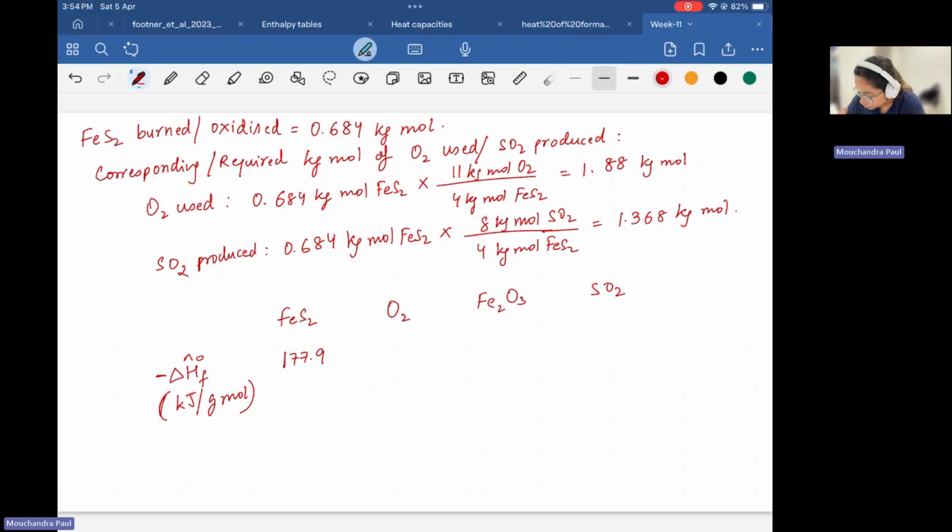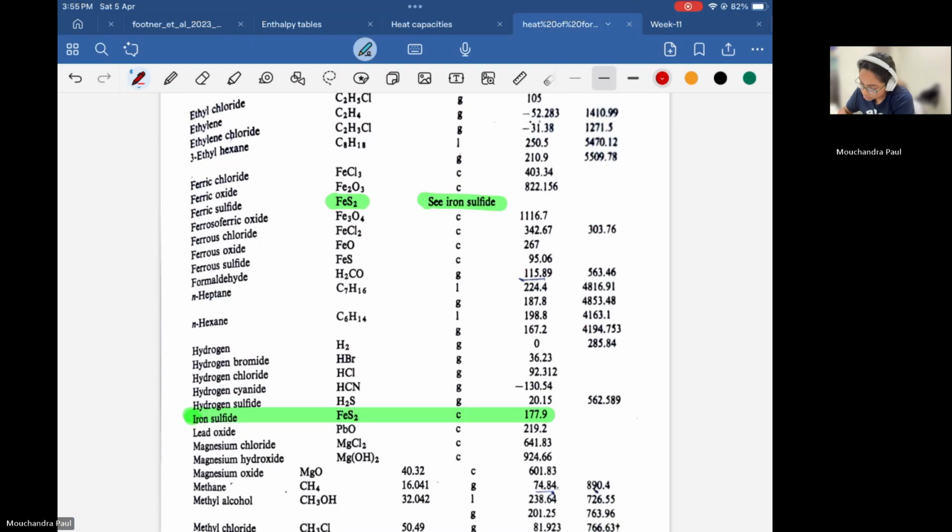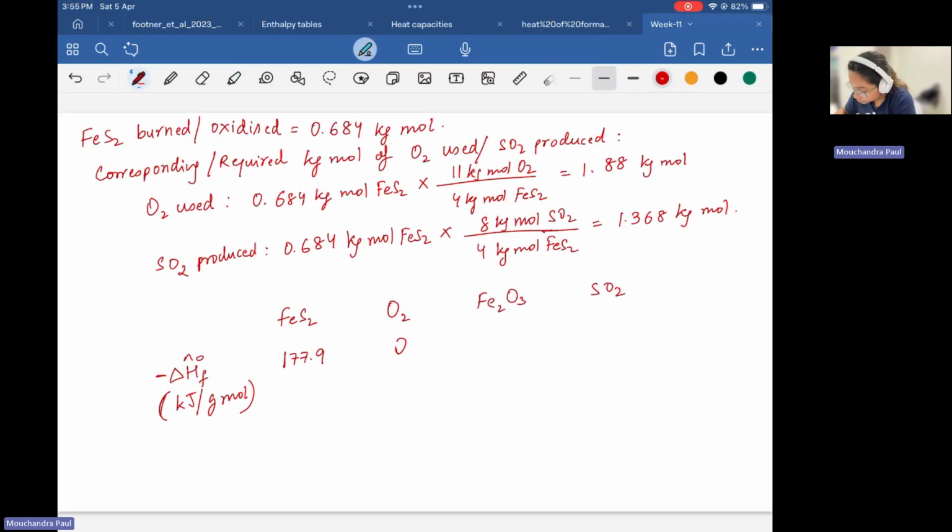For oxygen, the heat of formation is 0. For Fe2O3, ferric oxide, it is 822.156.